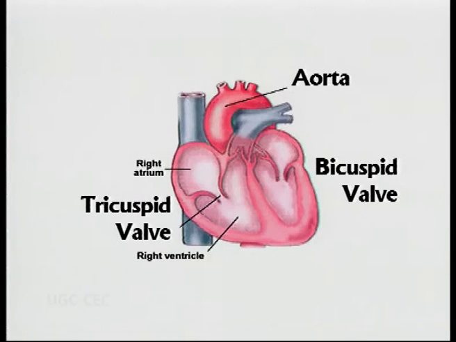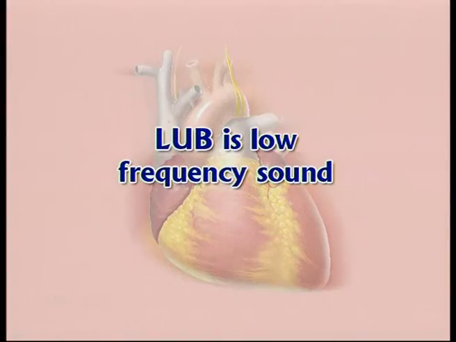But as the ventricles contract, the bicuspid and tricuspid valves get closed, and when these valves get closed, the first heart sound develops. This heart sound is called lub, which is a heavy sound with less frequency.